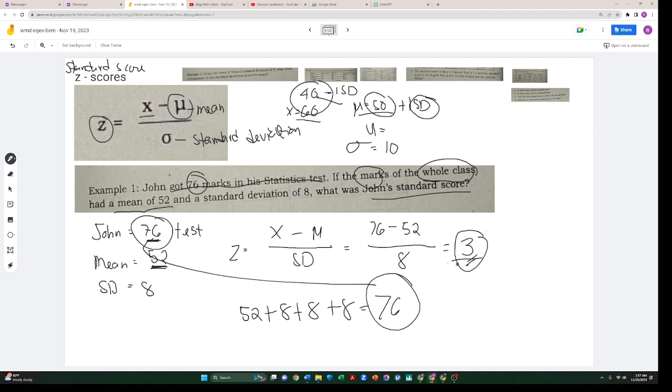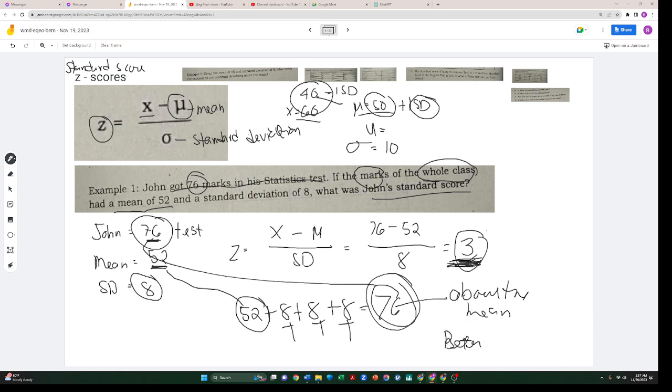So, three times, which means his z-score is 3, and the standard deviation is 8, you multiply the 8 by three, so he is ahead of the mean by three standard deviations. So, the score of John is above the mean, indicating a better performance.